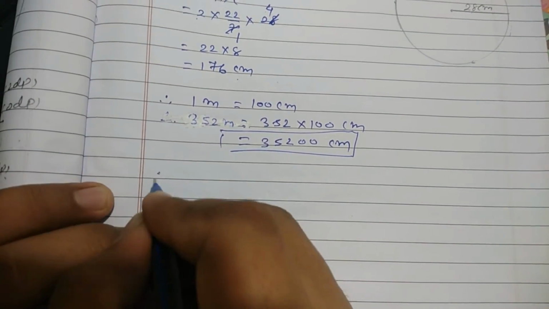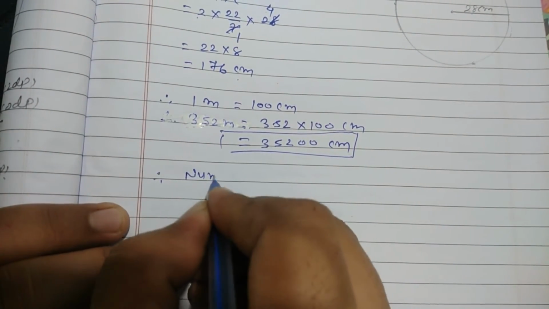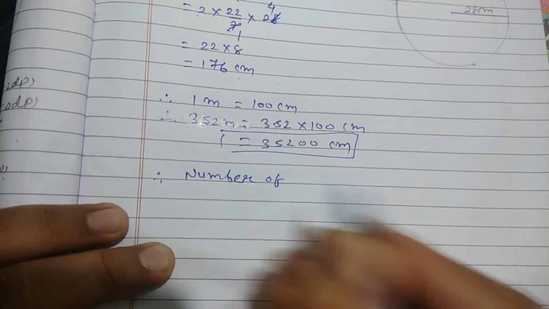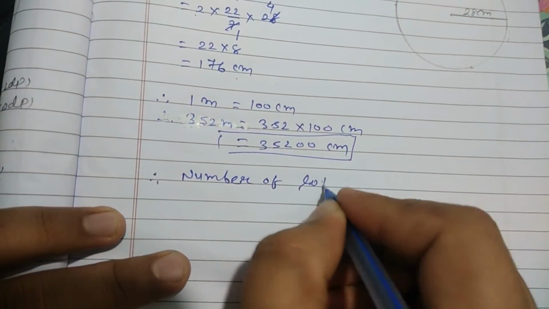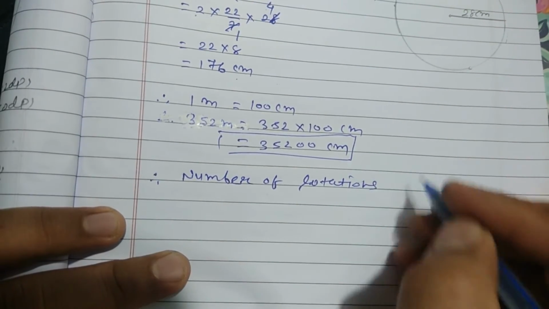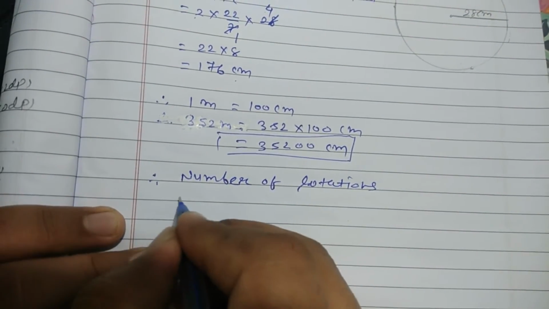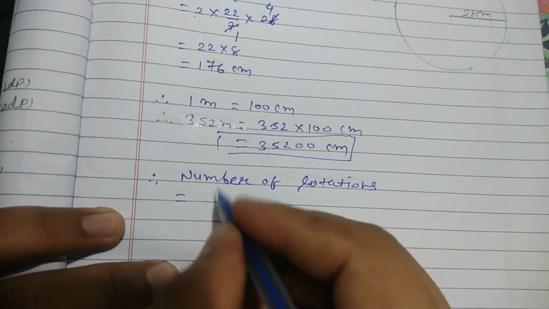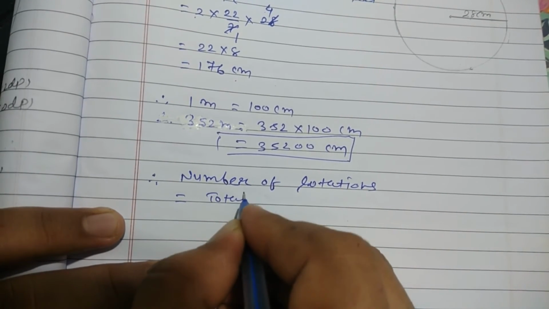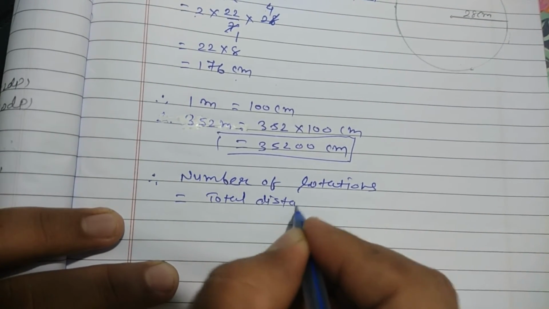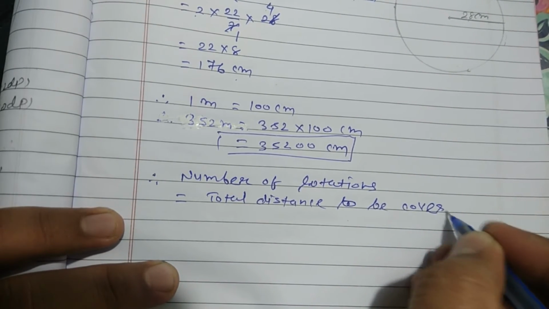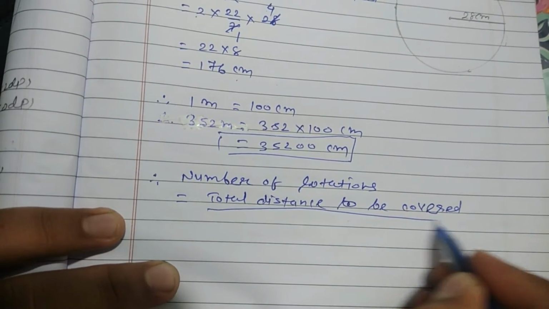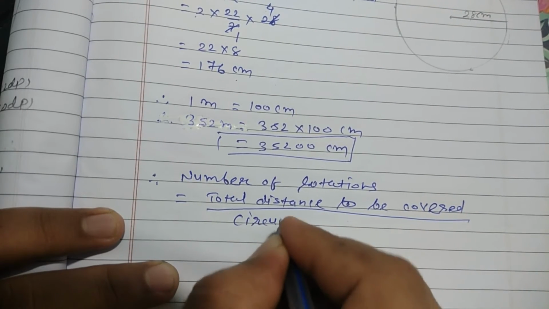Now what we have to find? The number of rotation, that is equal to total distance to be covered divided by circumference of the wheel.